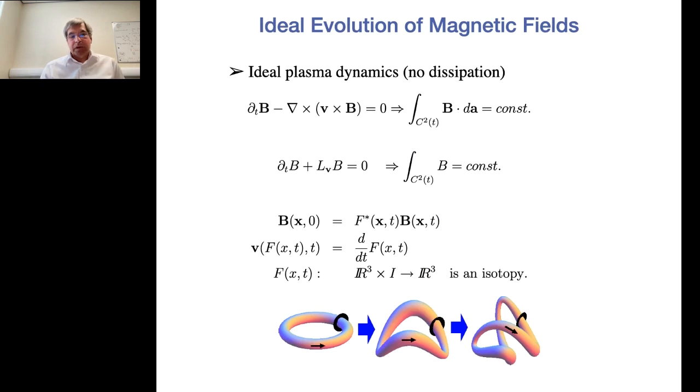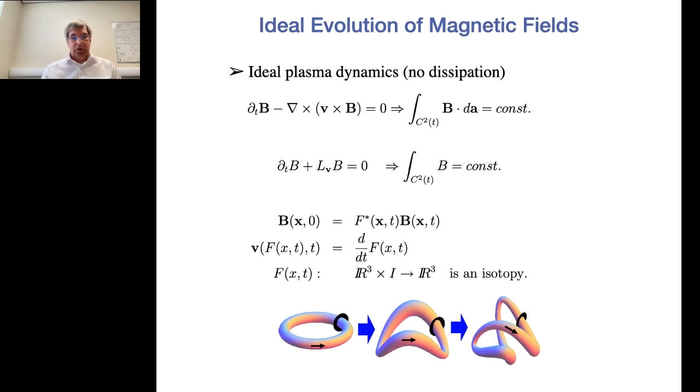Right. So I mentioned the ideal exchange of energy between the magnetic and velocity field, and this ideal plasma dynamics implies a conservation of magnetic flux, and this is called Alfvén's theorem.